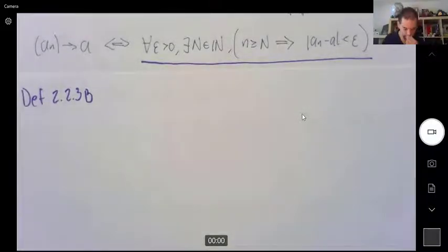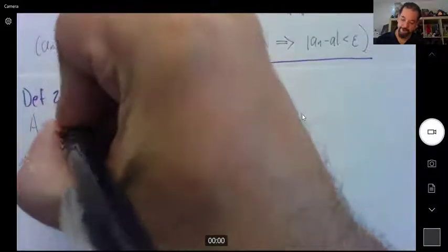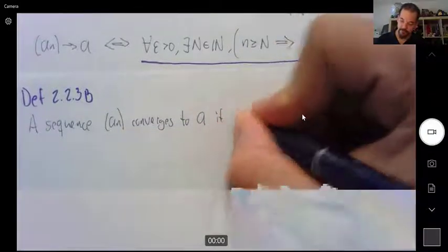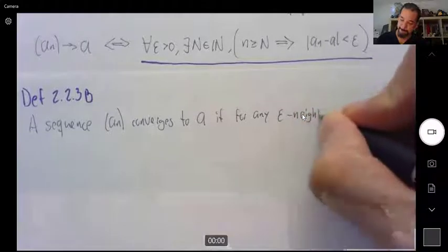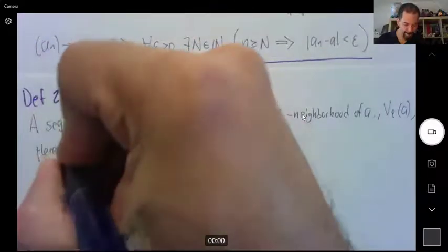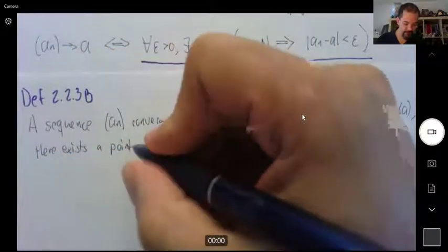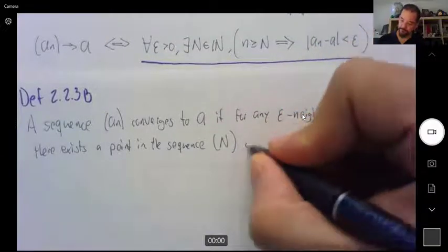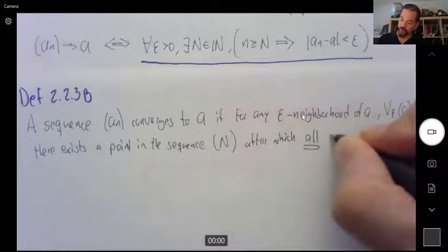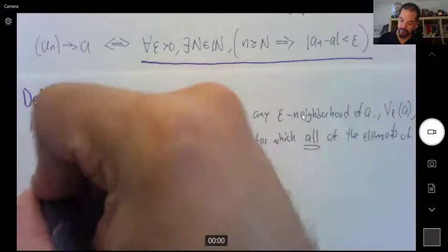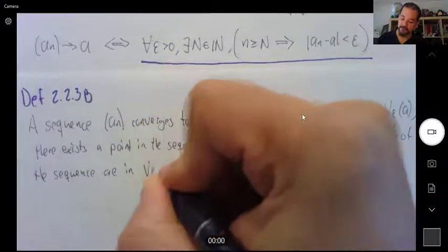It says a sequence a_n converges to A. So this first part is the same, of course, if for any epsilon neighborhood of A, V epsilon of A, there exists a point in the sequence, this is the capital N, after which all of the elements of the sequence are in V epsilon of A.